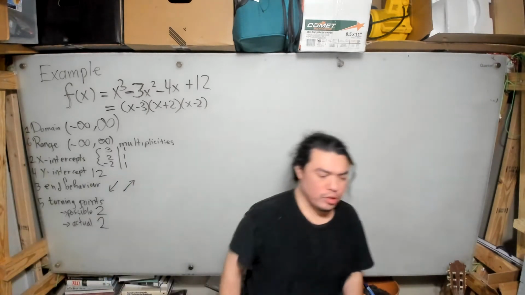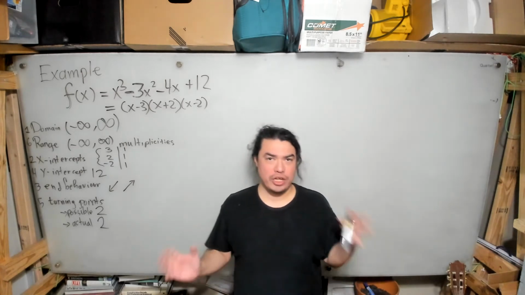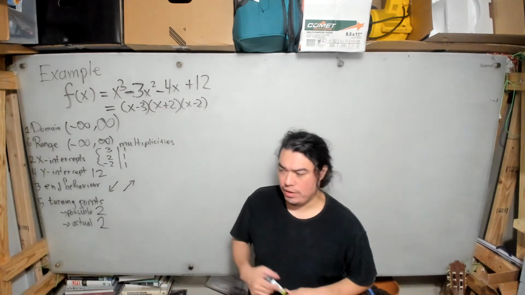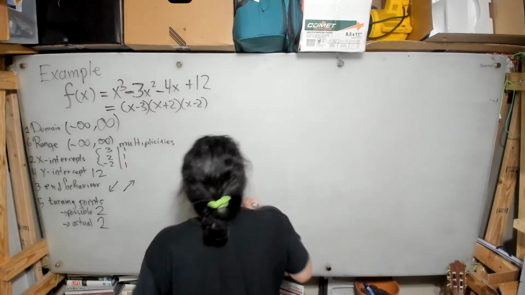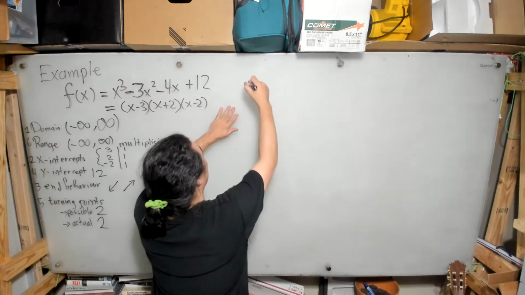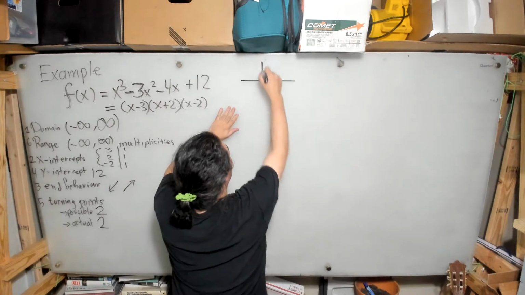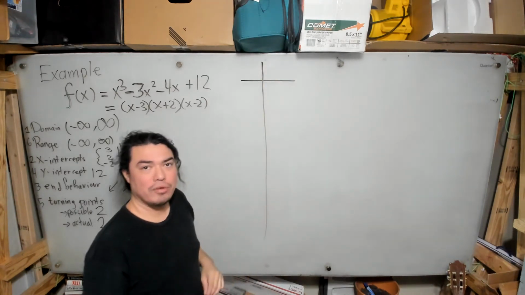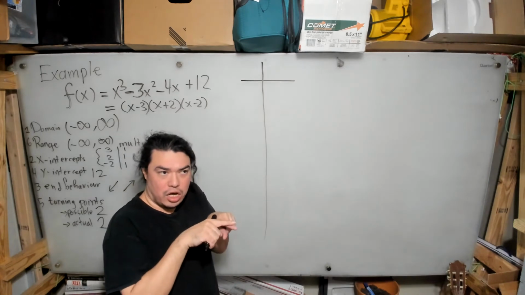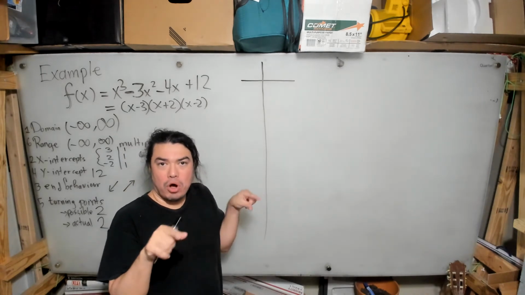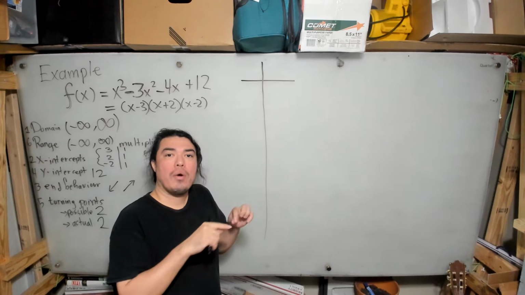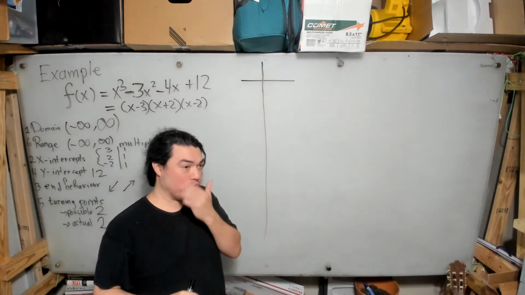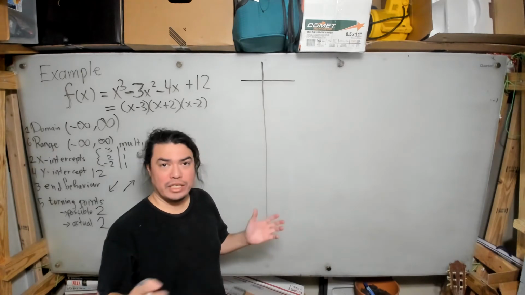So right now I'm going to do the calculations of a table which are going to aid us in the graphing of this function. By making a table, I'm going to try to get a better idea of how the graph is going to look. And in algebra, there are certain things we can evaluate.